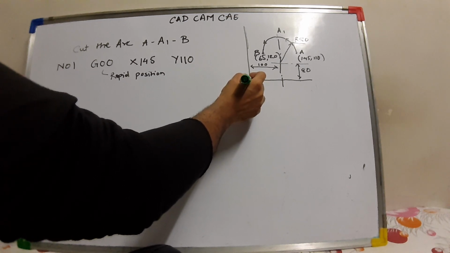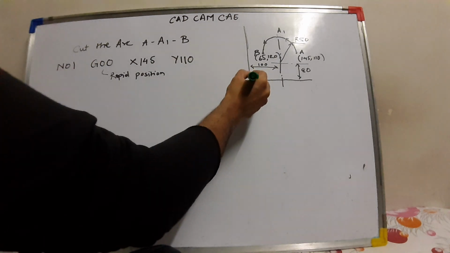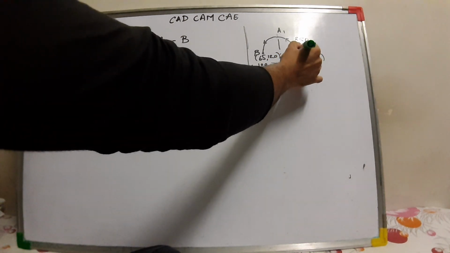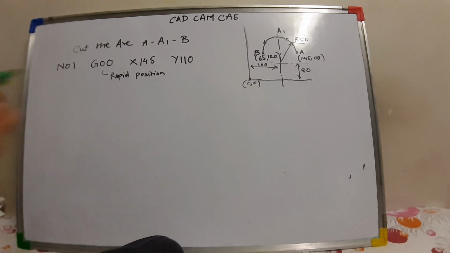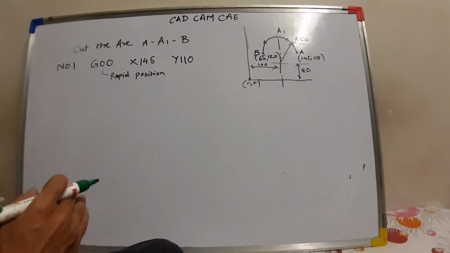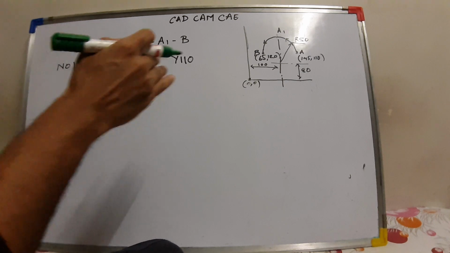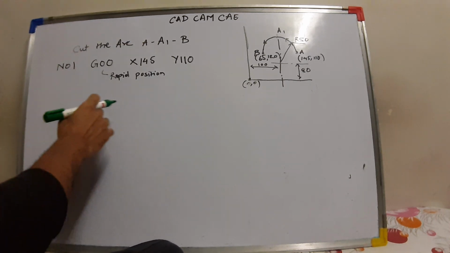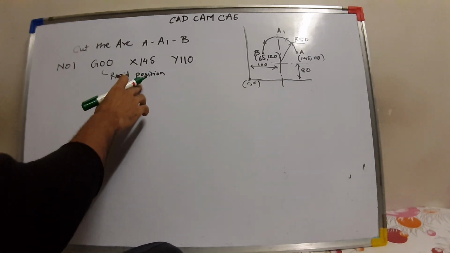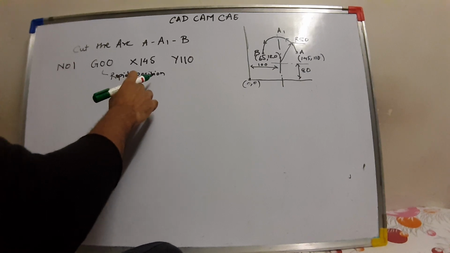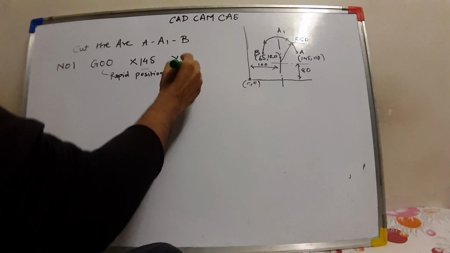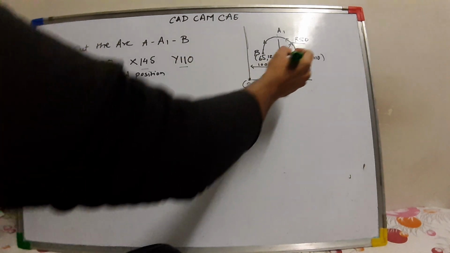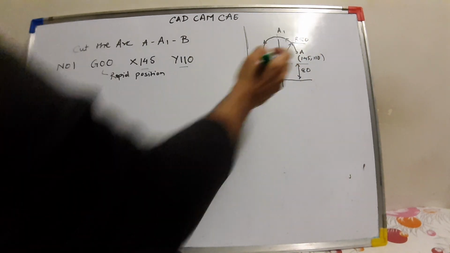Now we give the command of rapid positioning to move the tool from here to here. Rapid positioning means you're not cutting anything, it's just the movement of the tool from one place to another. So rapid positioning of the tool is taking place to coordinate X145 and Y110, and your tool will go to point A.